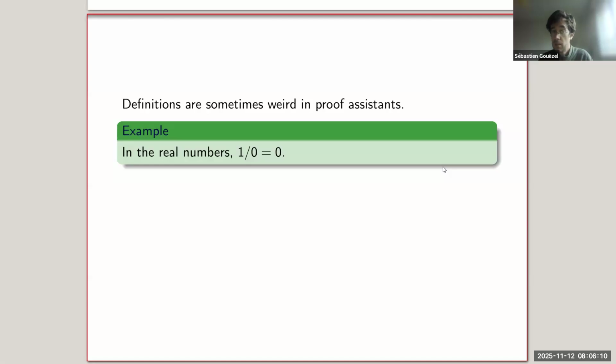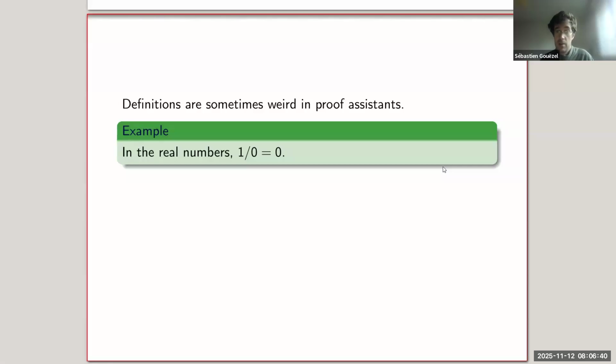But in essentially every proof assistant, you allow division by 0, and you choose a value 1 over 0 equal to 0. And in a sense, this corresponds to the mathematical practice. When you write down a division in a paper, you do not spend your time every time saying, be careful, the denominator is not 0 because blah, blah, blah. You don't do that. You just write down the division and that's it.